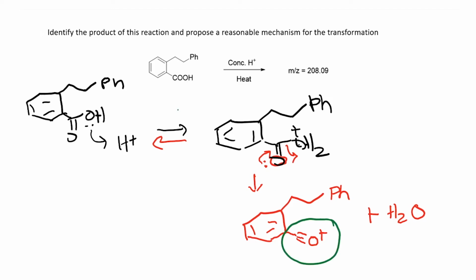So I'm just going to redraw the structure in a different format so that it's easier for us to understand the reaction. So the benzene ring remains the way it is, right? And your C triple bond O is here, and now CH2, CH2.